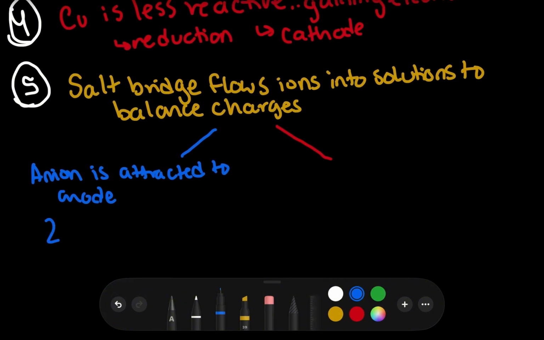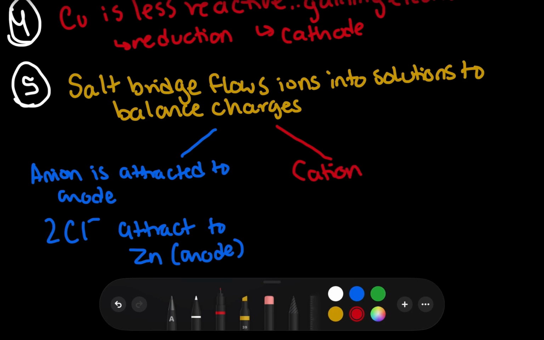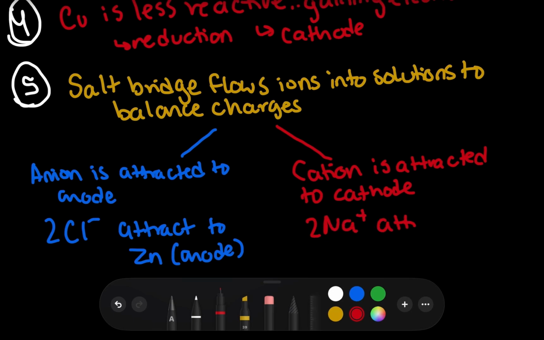So 2Cl minus is going to attract to Zn, which is our anode. And on the other side, the cations are going to be attracted to the cathode. So in this case, 2Na plus is attracted to Cu, copper, which is our cathode.